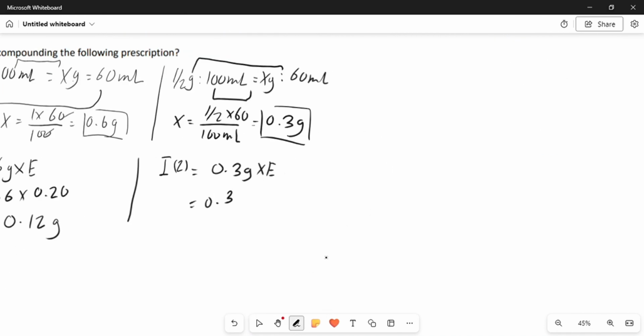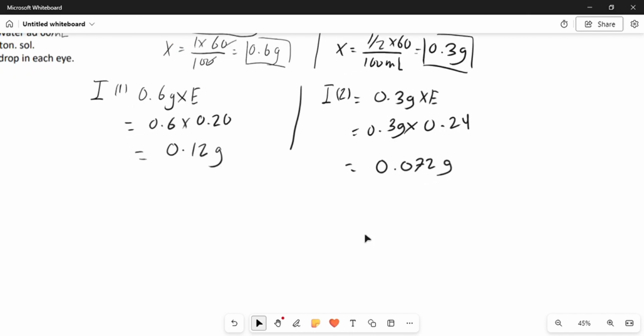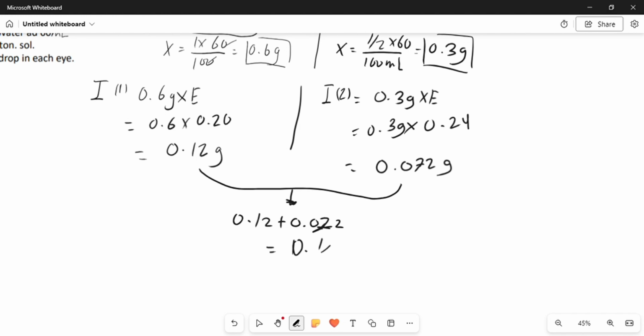So 0.3 grams times 0.24, and we will yield 0.3 times 0.24 will be equal to 0.072 gram. After that, we will add both these together. So we will yield the following number: 0.192, and that will be in grams. So here's the answer for step 1.